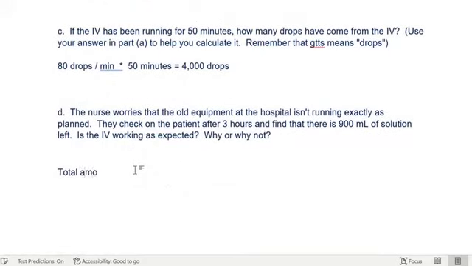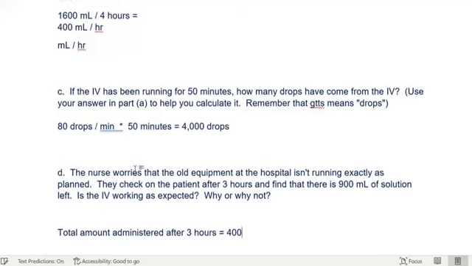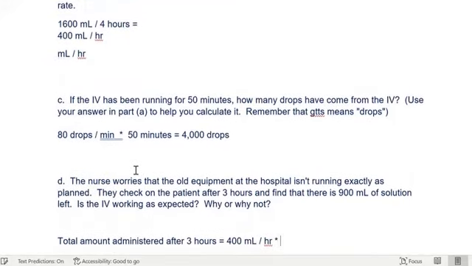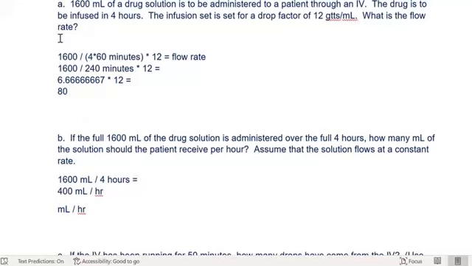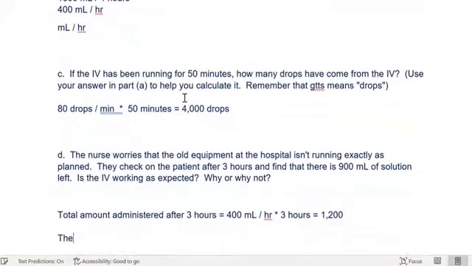So the total amount administered after 3 hours should be the number of milliliters per hour, which we got in part B, multiplied by 3 hours. So we should have 1,200 gone. That means there should be, if you start with 1,600, there should be 400 milliliters left.